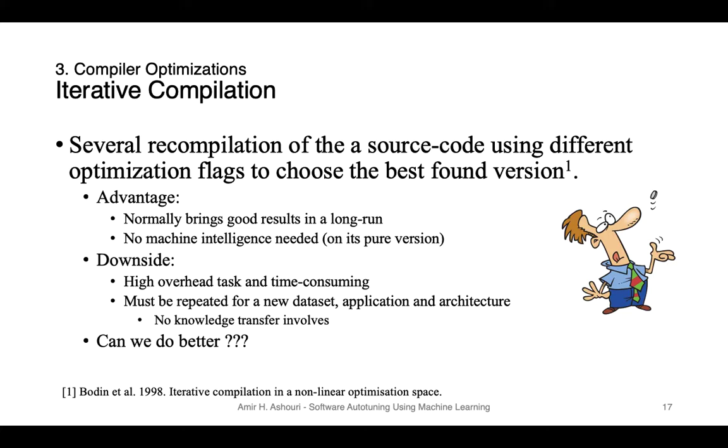So can we do better? And that's exactly what my research is all about. I'm employing machine learning based models to pair with an iterative compilation strategy to outperform iterative compilation itself, and I can transfer the knowledge towards other applications as well. So it's going to be application, dataset, or hardware dependent.